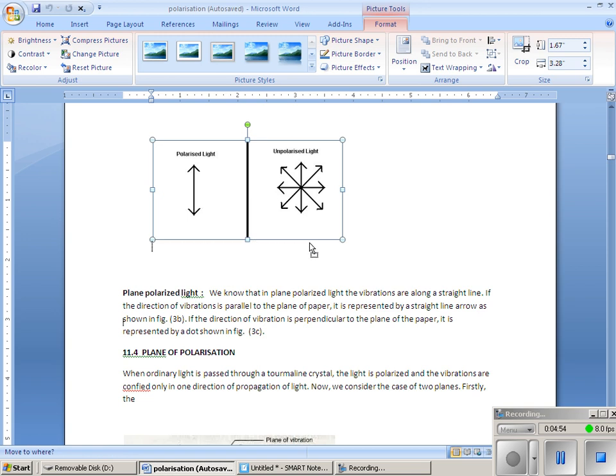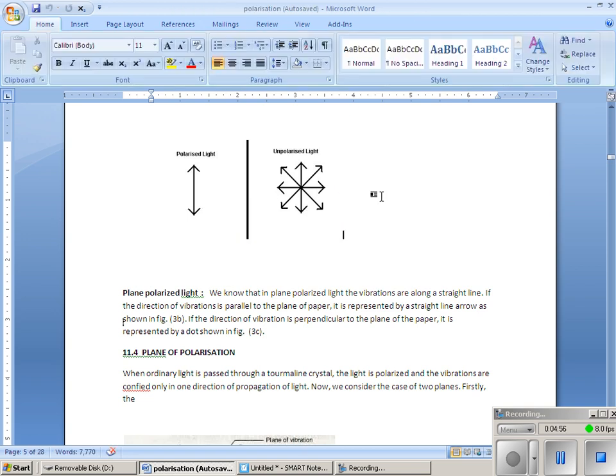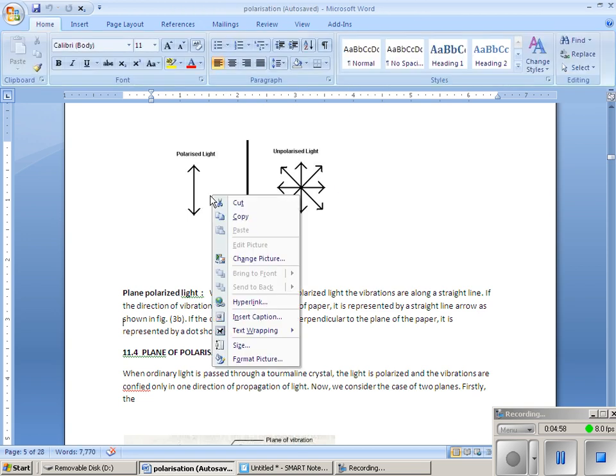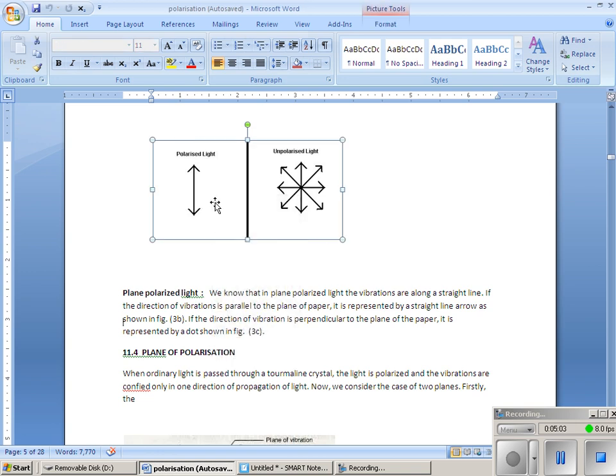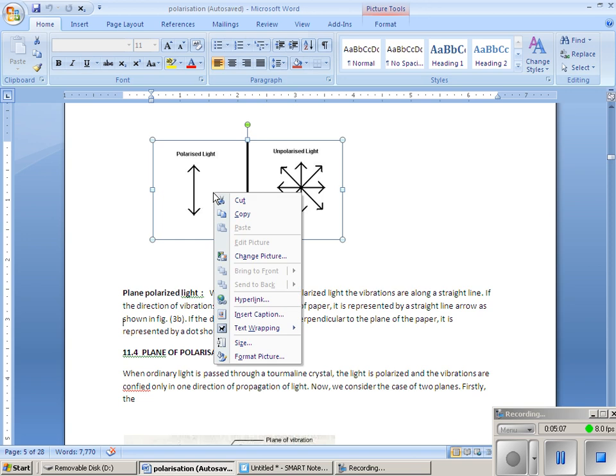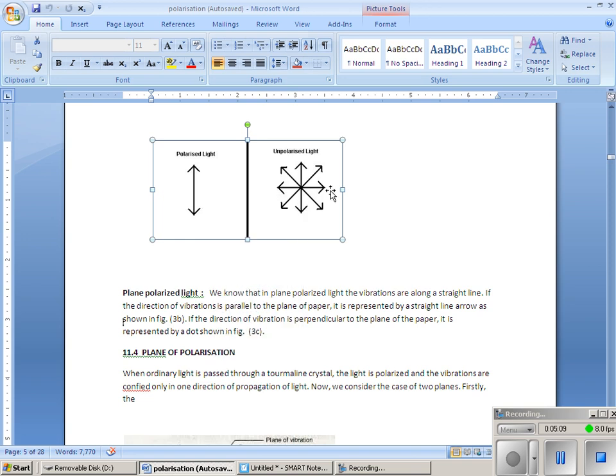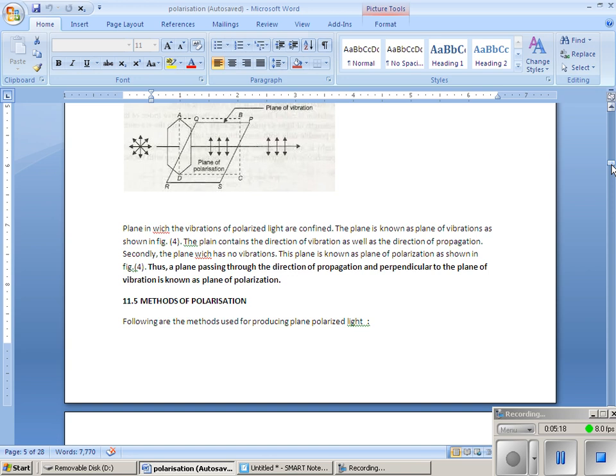This represents polarized light, which has acquired one direction. So we can represent unpolarized light like this and polarized light like this. That covers what polarization and unpolarization are.